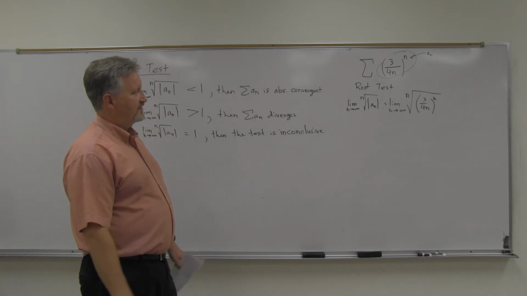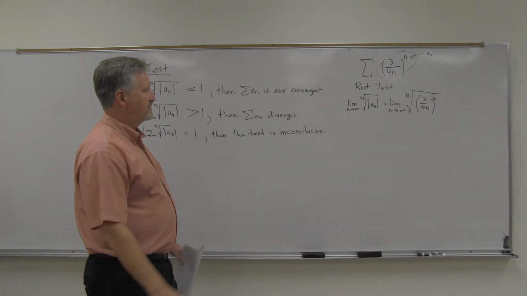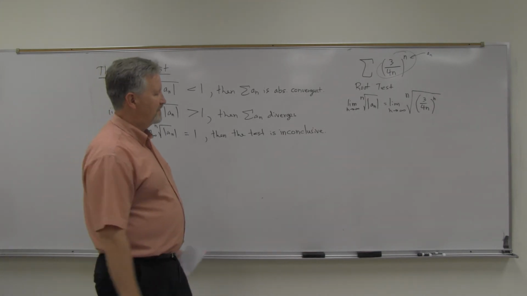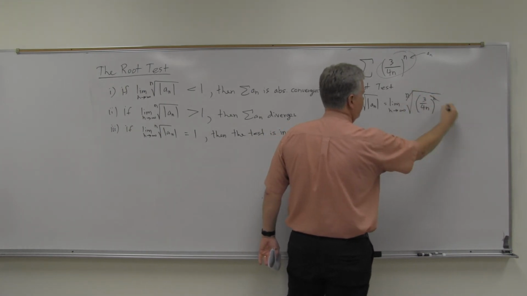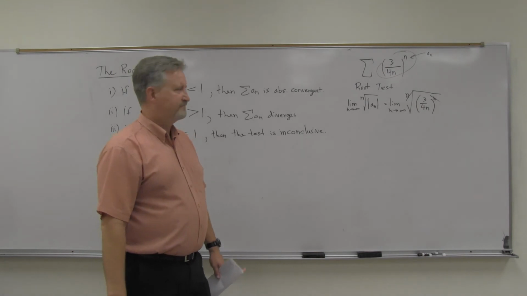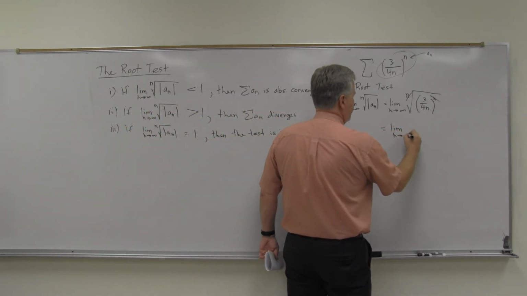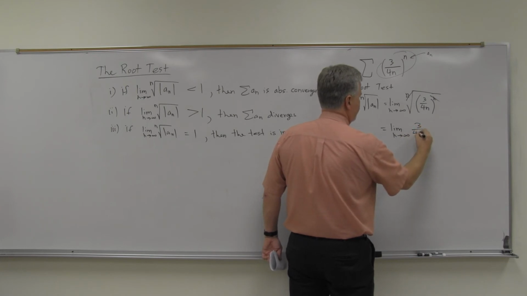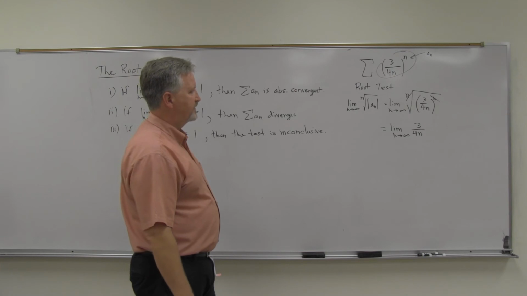What this takes advantage of is that inverse nature of roots and exponents. You've got the nth root of an nth power. That just wipes out the nth root and the nth power, doesn't it? And so you have the limit as n goes to infinity of 3 over 4n, which is a fairly simple limit.